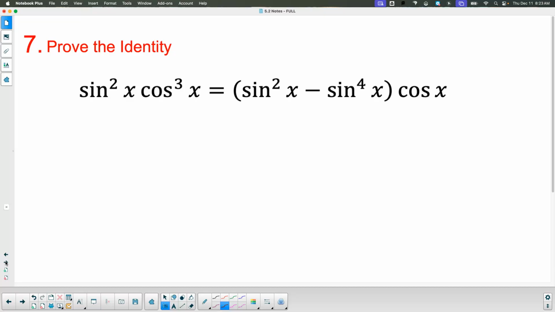Try that one. Which side? Right side? Okay. All right. I'll go with the right side. So if I'm looking at the right side, I would look at this and say to myself, there's a sine squared in there. And if I factor out that sine squared, I get a 1 minus sine squared.